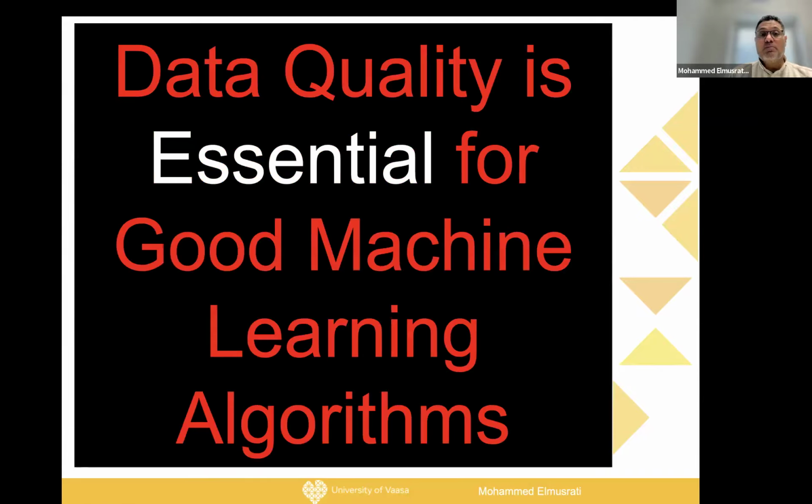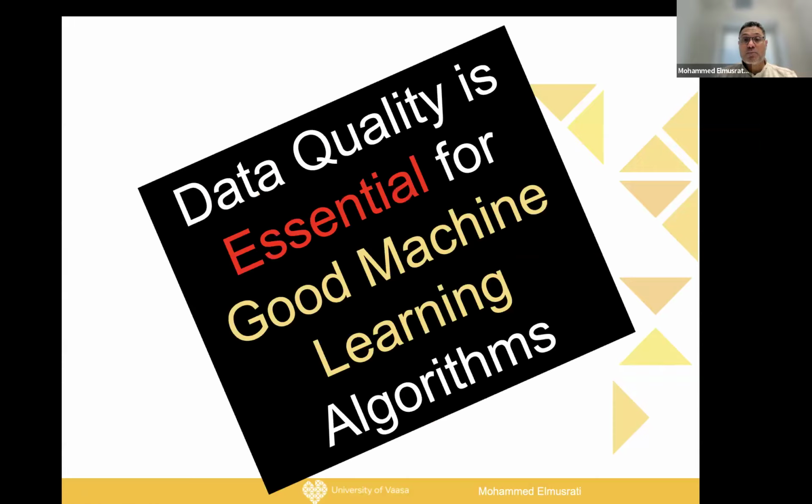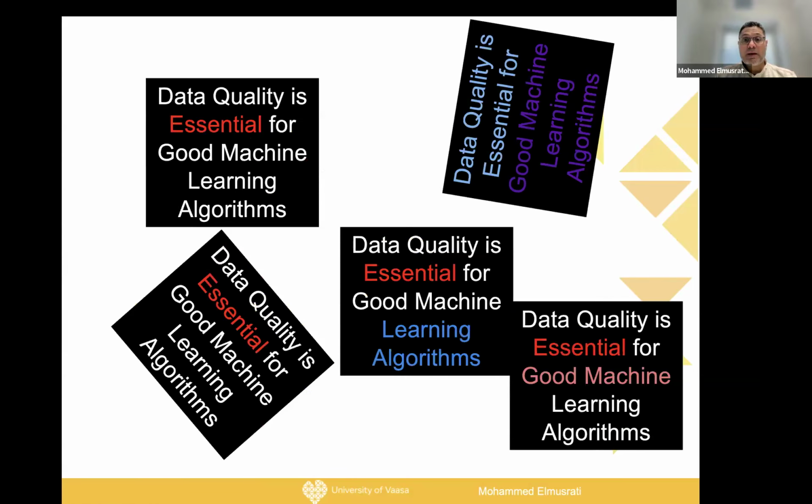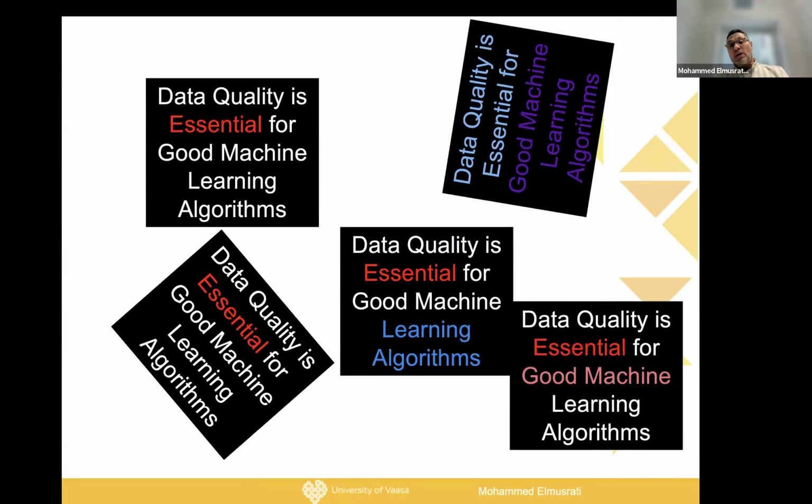And if we continue, it is almost the same, but with different colors, the same but smaller scale, the same but different color and oriented, and the same. So what we have seen now is the same slide repeated in different ways.